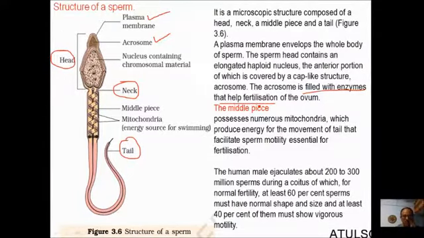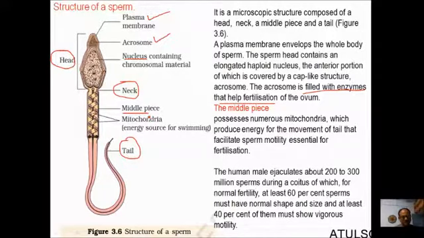Without the acrosome, or without the enzymes present in it, there will be no fertilization, because the enzymes are very, very important to degrade the ovum layer during fertilization. Then it has a haploid nucleus, which contains the chromosome material.